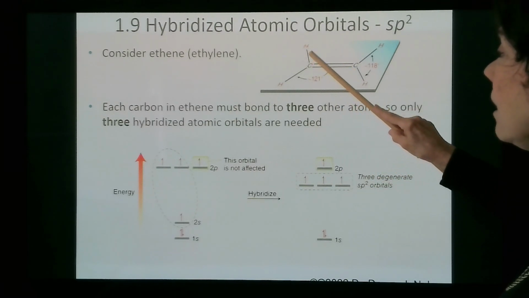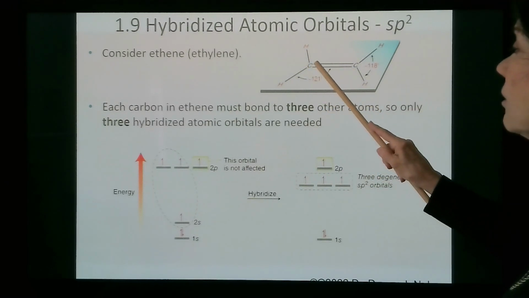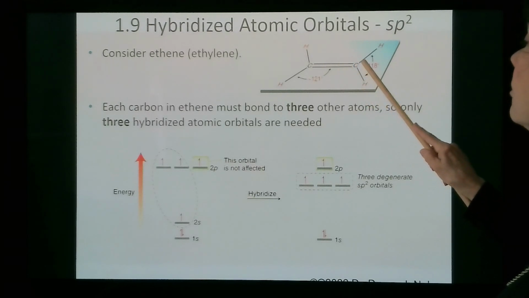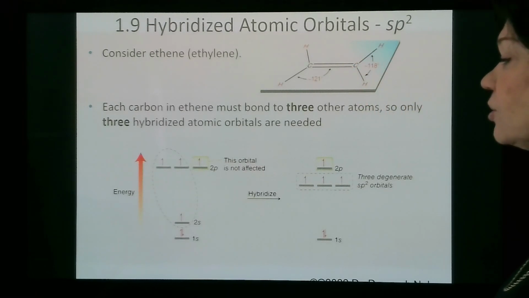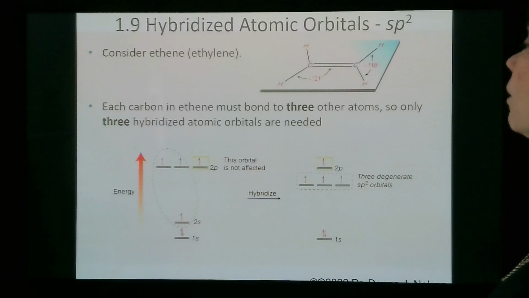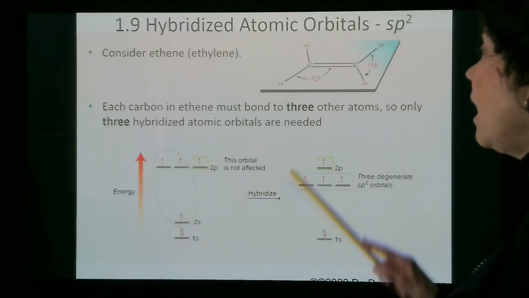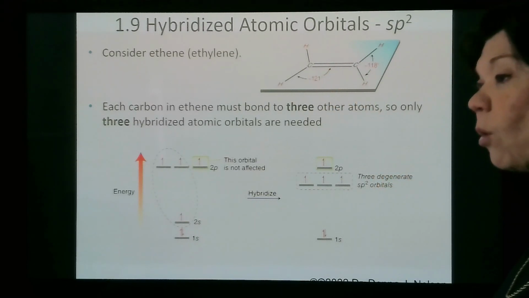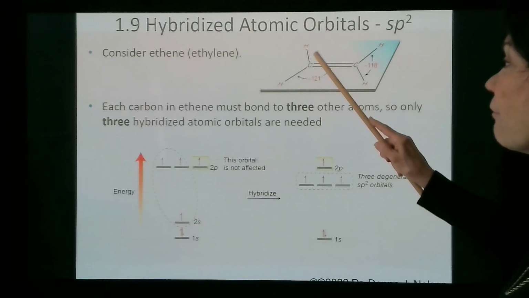So we've got 1, 2, 3 sigma bonds for this carbon, and 1, 2, 3 sigma bonds for this carbon. So those sigma bonds are pointing more or less away from each other.